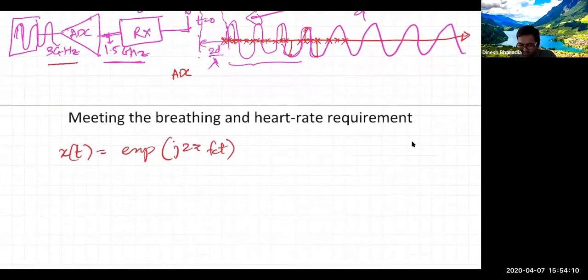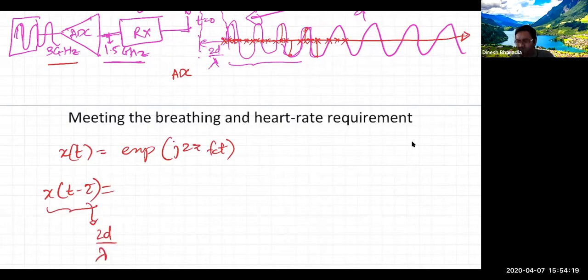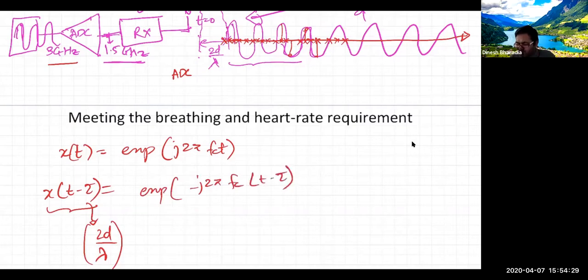The received signal will be x of t minus tau, where tau is nothing but 2d over lambda, the time it took for it to travel 2d distance. So this will be exponent of j2 pi fc (t minus tau), with a hat as amplitude. And this is nothing but your received signal.